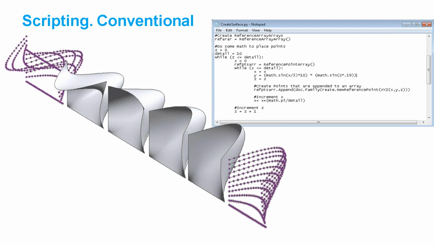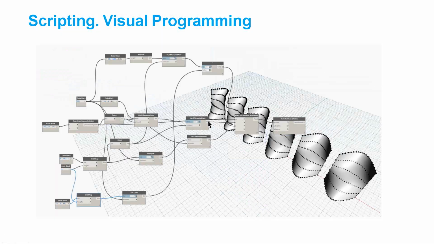Me personally, I was never able to learn scripting in this conventional, traditional way, where you have to place some text. It's super demanding. It's very, very difficult. However, what is Dynamo, what is this visual programming? We are converting this way of communicating with the computer to this way.